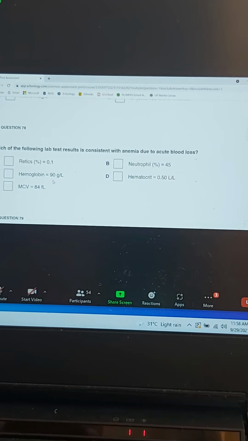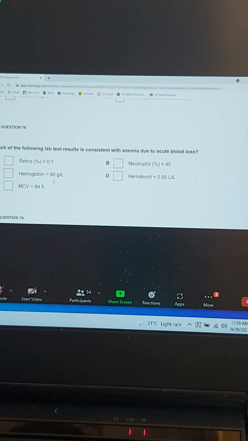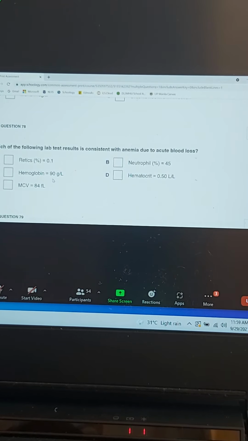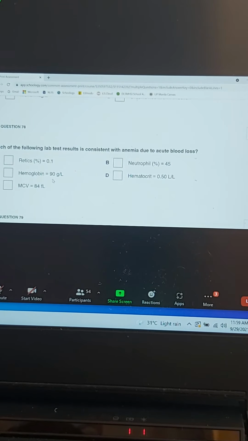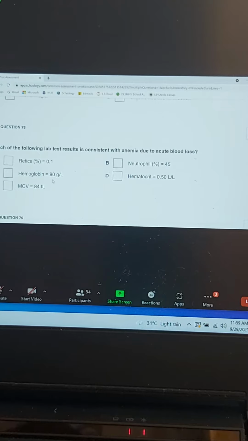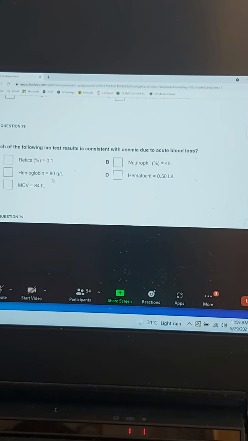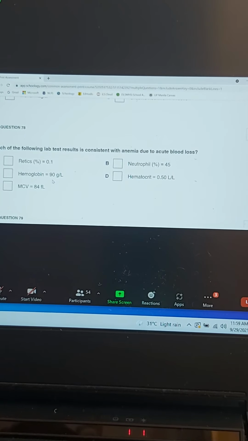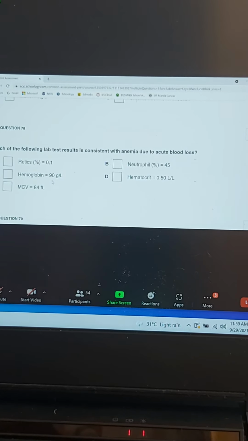Tandaan nyo, in anemia due to acute blood loss, the blood picture is normocytic, normochromic. So magde-decline man ang hemoglobin, hindi ganito kababa. Usually in acute blood loss, hindi talaga bumababa ang hemoglobin, kasi bumababa lang ang hemoglobin kapag may iron loss na tayo. So letter C is incorrect as well. Siguro kung ang level niya is nasa 12 or 11.5, pwede consider. Pero 9, masyado siya mababa. This is consistent with chronic blood loss.